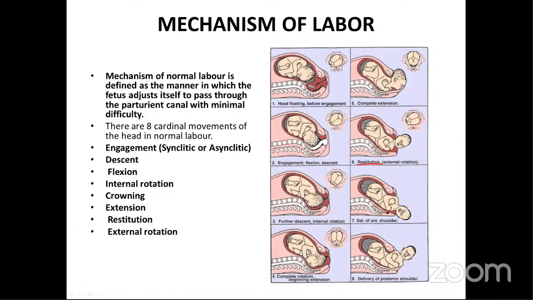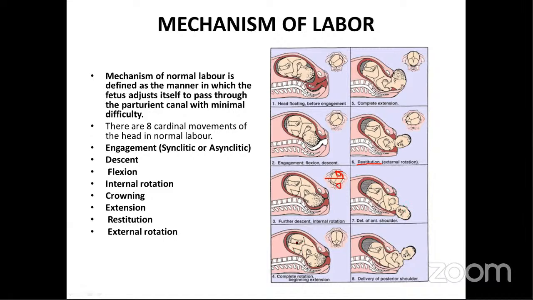Once there is restitution, and the fetal head is delivered, there is internal rotation of the shoulders. Initially the shoulders are in transverse position. Then once the internal rotation of the shoulders occurs, the anterior shoulder, the right shoulder in case of LOA, will come to lie under the pubis, and the left shoulder at the posterior aspect.